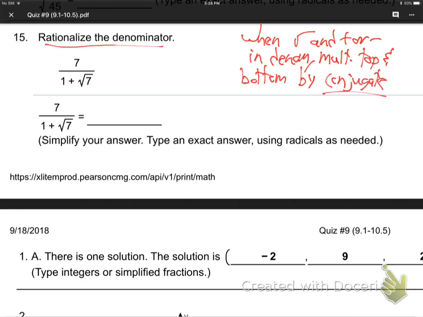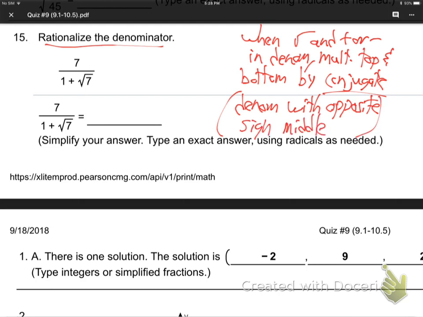What is the conjugate? It's the denominator with the opposite sign in the middle. So I'm going to multiply by 1 minus root 7 on the top and the bottom.